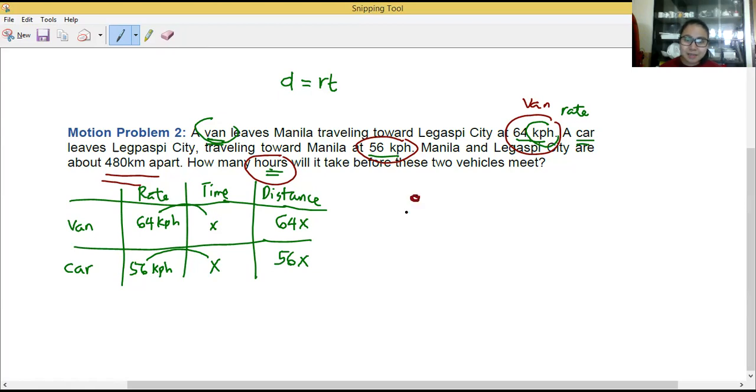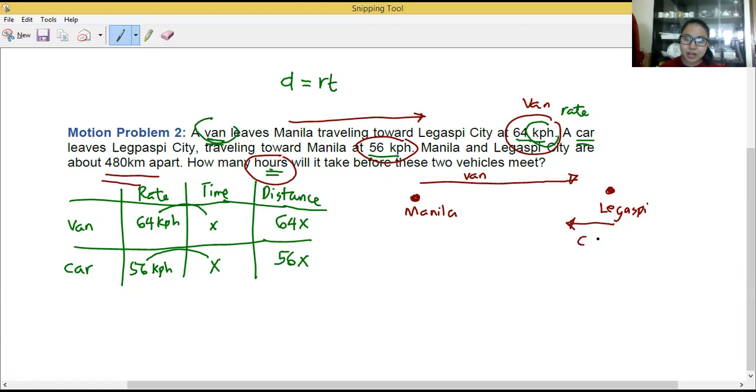Now, let's first draw the problem. Here, for example, this is Manila, and this one is Legazpi. Remember, the van is traveling from Manila to Legazpi. So we say the van is traveling towards this direction. That's the van. While the car is traveling from Legazpi to Manila.